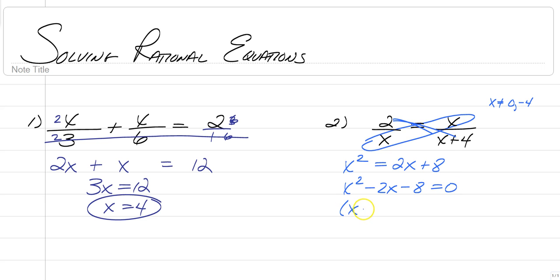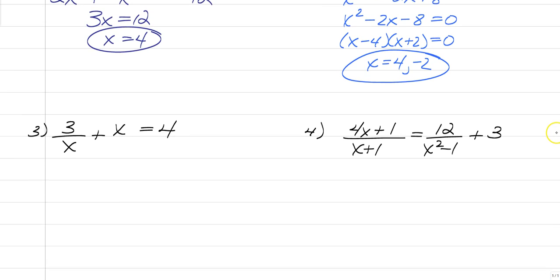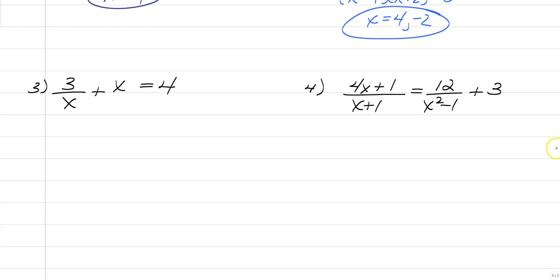You factor that, you have x minus 4 and an x plus 2 equals 0, so x is equal to a positive 4 and a negative 2. We check with what x is not allowed to be, and we are good to go. So x is equal to 4 and negative 2. So if you have two fractions, you can just cross multiply. If not, the easiest way is to just get a common denominator for the entire problem.